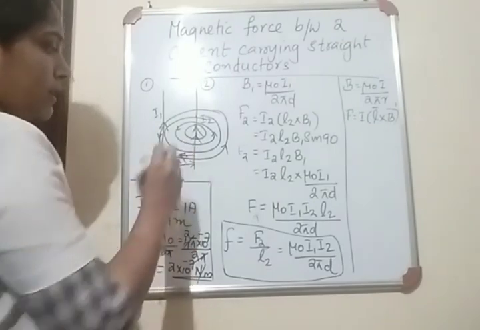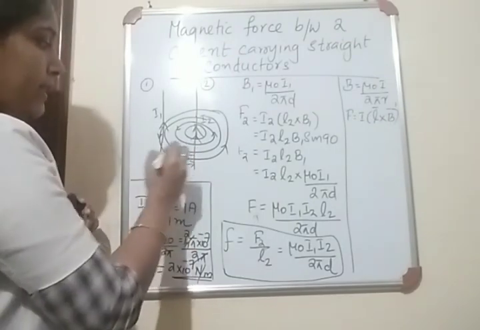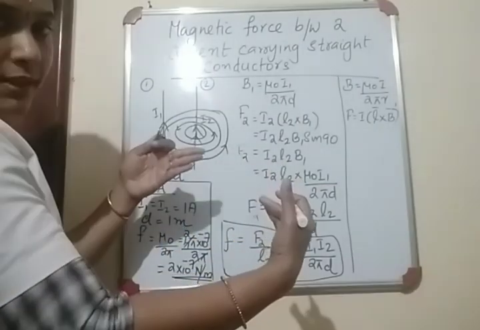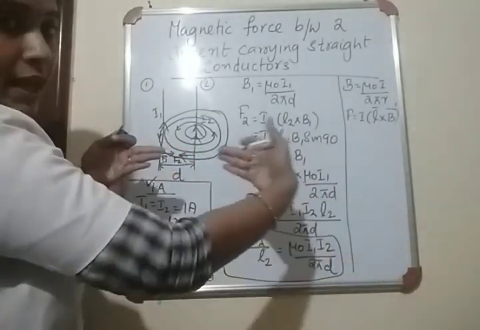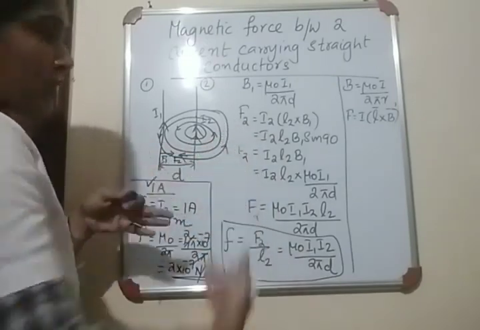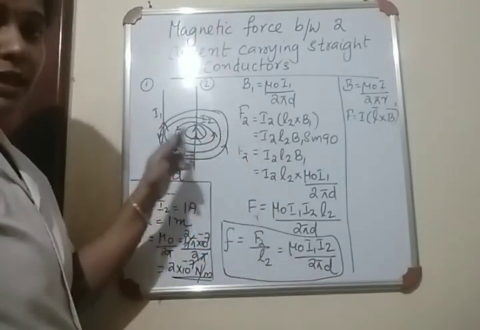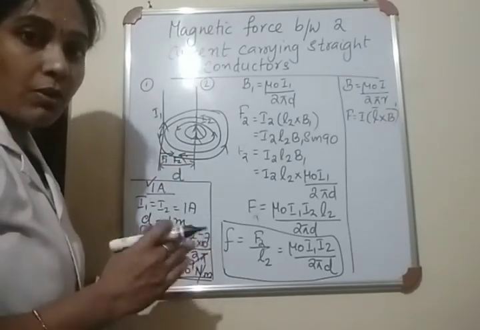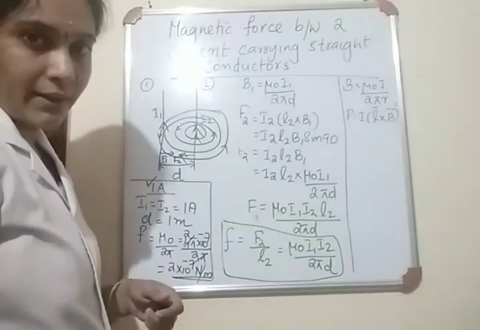Okay, and what is the direction of force experienced by the second conductor? Towards left. That means F1 is acting like this and F2 is acting like this. So what is the nature? It is attractive. So when current is flowing in the same direction, the force experienced between two current carrying conductors will be attractive.